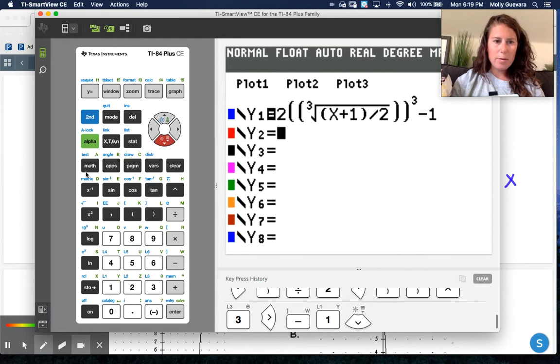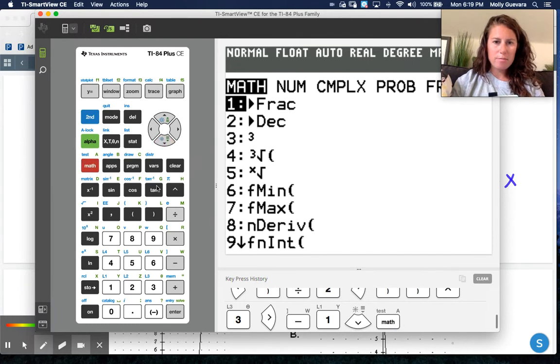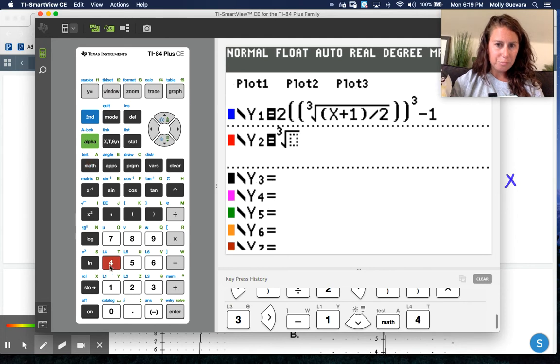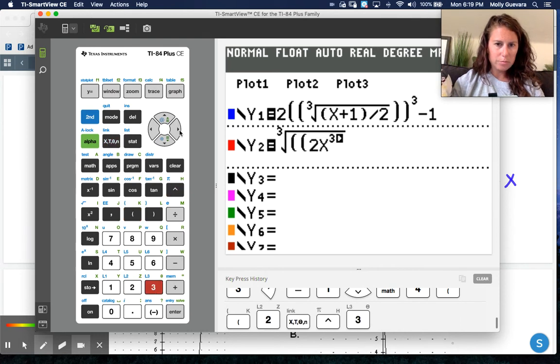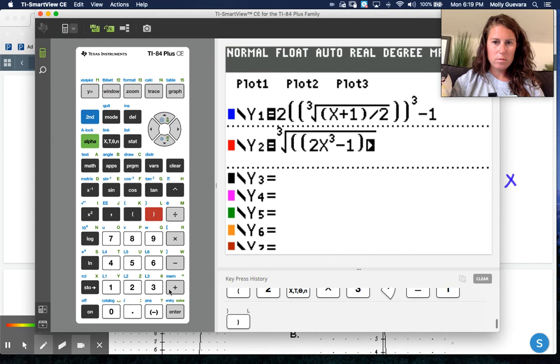And then the second one, I'm going to go back into math, and I need the cube root of 2x cubed minus 1 plus 1, I'm going to close it again, divided by 2.